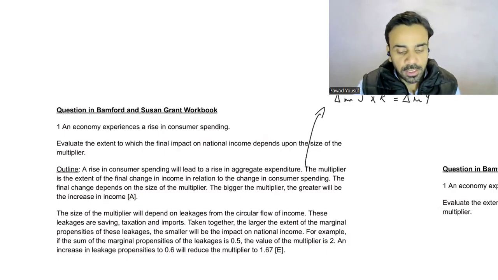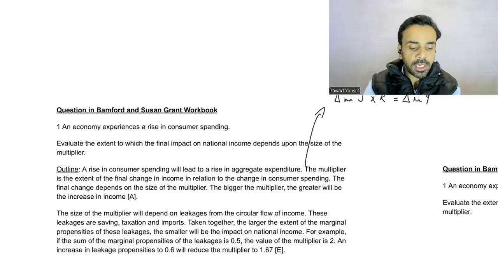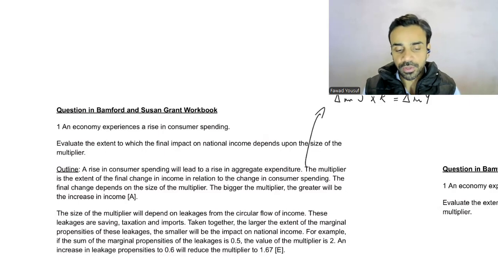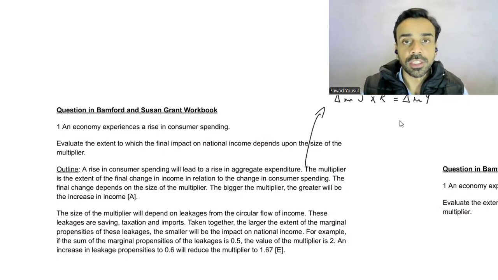So overall, rising consumption can create a big impact on the national income, but it depends on the multiplier. Multiplier depends on a lot more things. तो इस तरीके से कुछ इसका स्ट्रक्चर होने की जरूरत है.